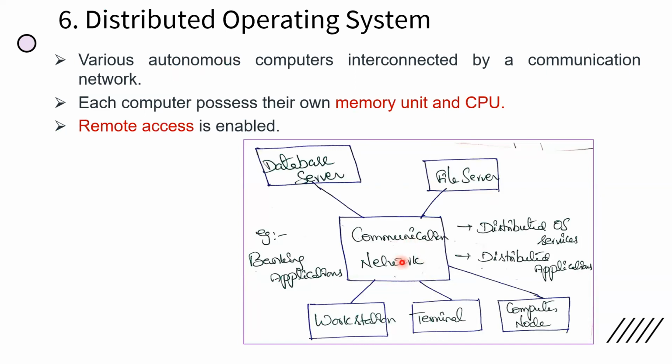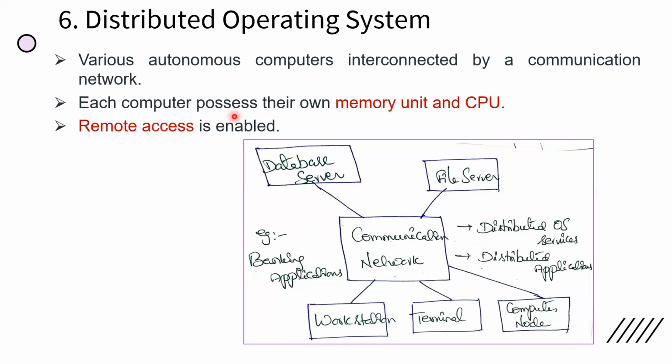A file server can be used for storing and retrieving files, and similarly, there is a dedicated database server whose responsibility is to maintain the database. So other computers need not have file storage or maintain databases. For each specific task, there is a dedicated server in a distributed operating system.